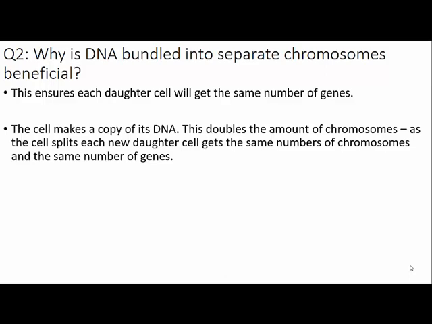We talked about in class, when a human cell's DNA duplicates and the chromosomes duplicate, it goes from 46 to 92. Well, if I have a cell that has 92 chromosomes and it splits, what's half of 92? 46. So each new daughter cell would wind up with 46 chromosomes in a human cell. It's different for every organism. For humans, it's 46 chromosomes.